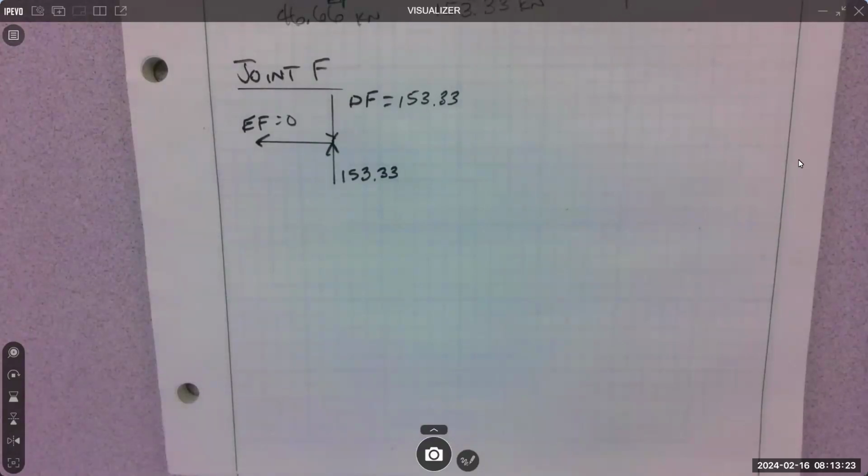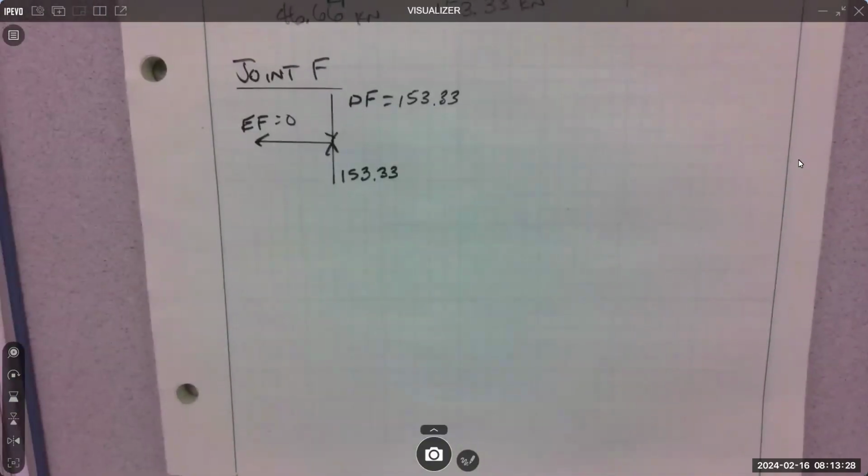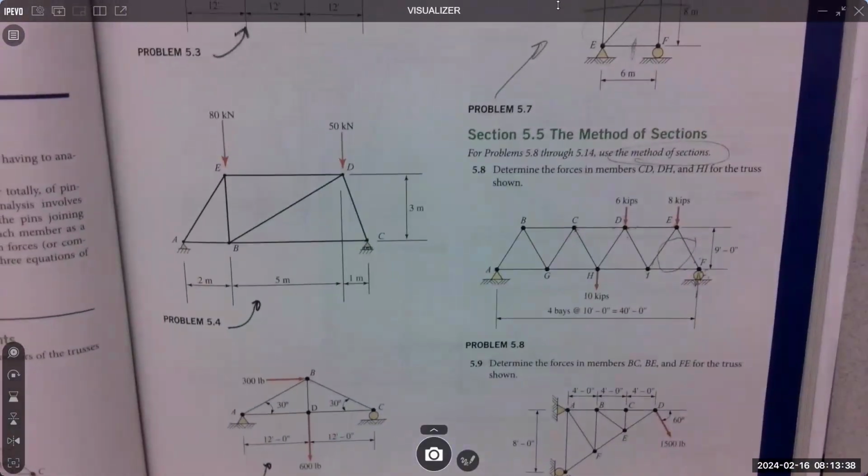We do not want to misread them or it'll really screw us up. In other words, you want to look for zero force members, but you only want to make sure it's a T.